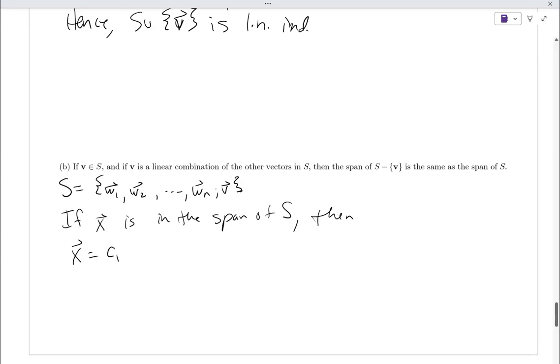So I can write this as C1W1 plus C2W2, CNWN plus CN plus 1V, for some constants. What are we assuming about V now again in this particular example? The linear combination of the other vectors, right?